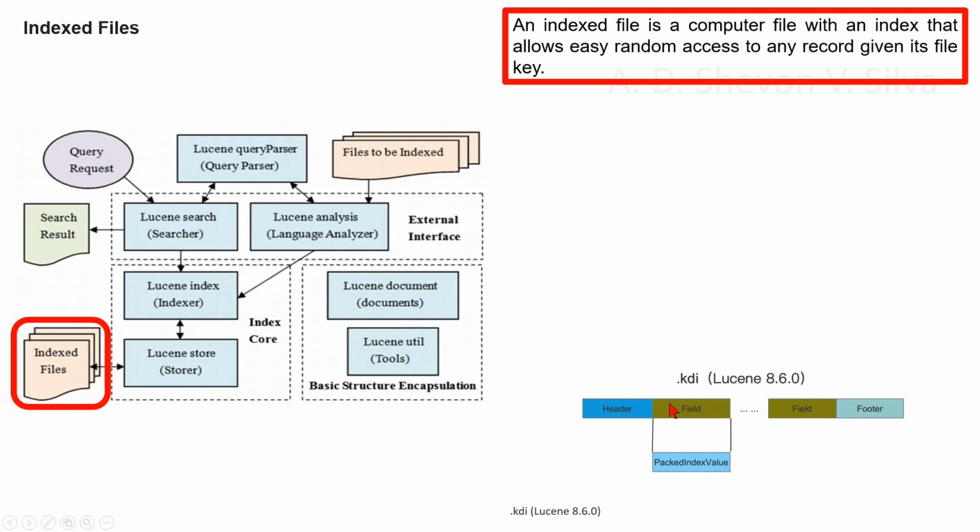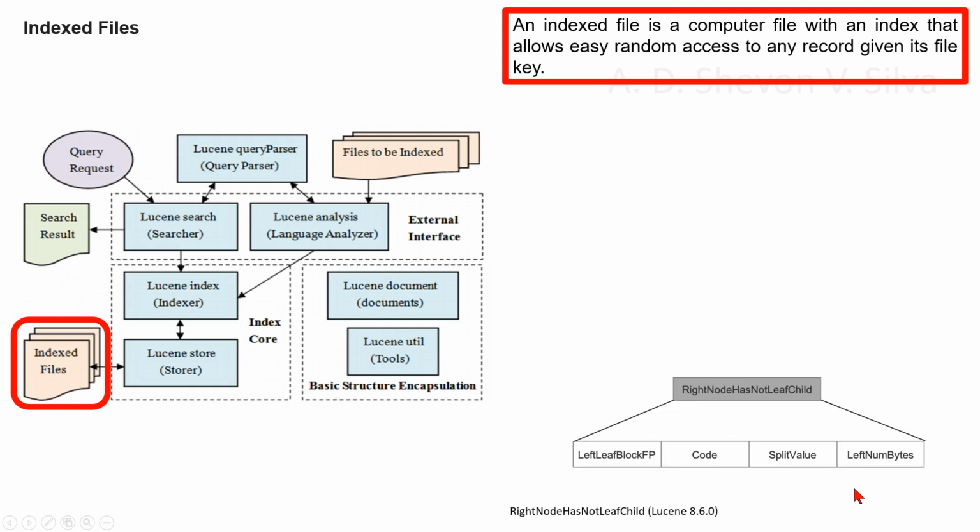Here you can see this .kdi consists of header, fields, and footer. Each field consists of packed index value. Here you can see right node has not leaf child. Here the left leaf block FP describes the pointer to the position of the leftmost leaf node of the current inner node in the .kdd file.